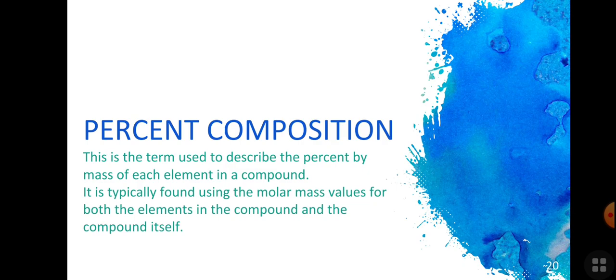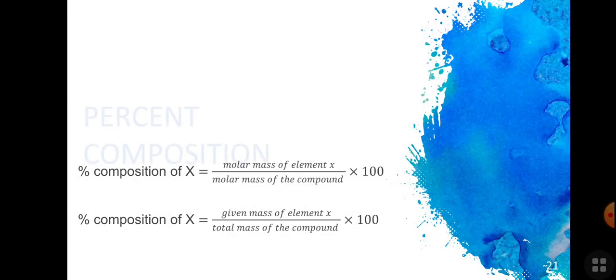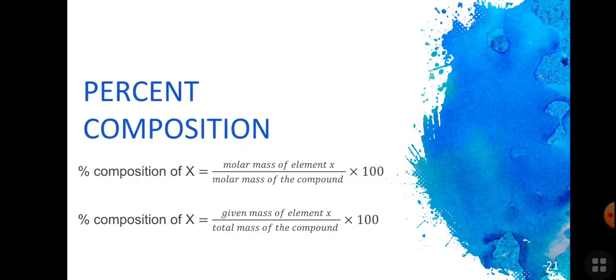Meron tayong dalawang way paano masosolve si percent composition or dalawang situation. Una, kapag ang given natin ay molar mass or kapag ang given lamang ay si chemical formula. So, kapag chemical formula lang ang given natin, we solve for the molar mass of the element.